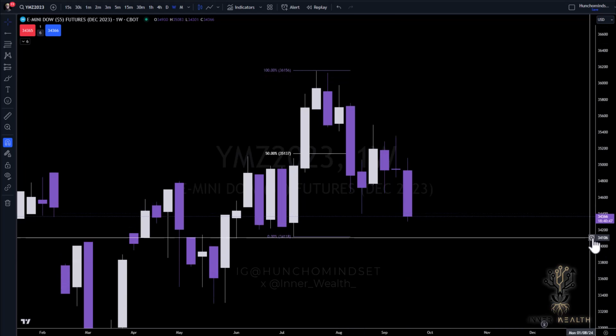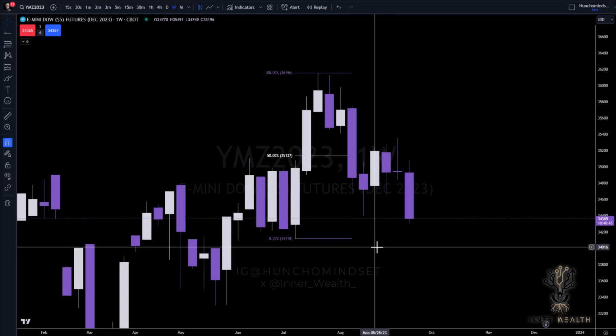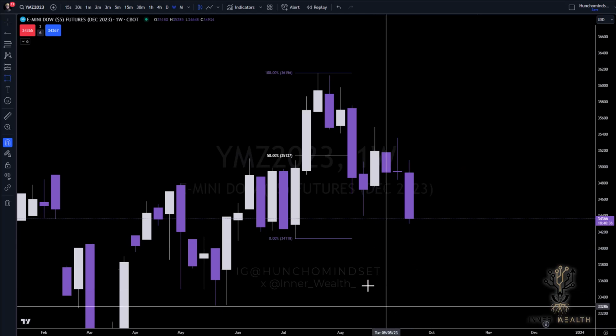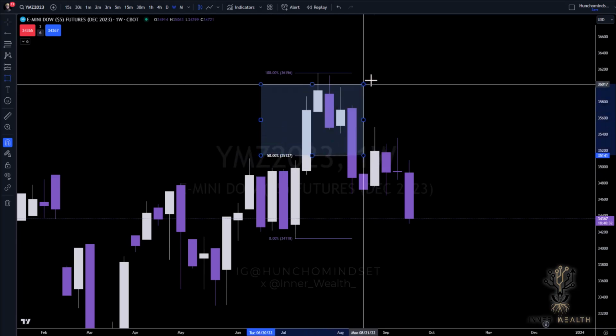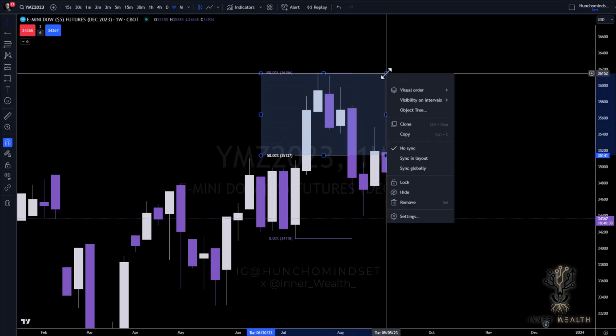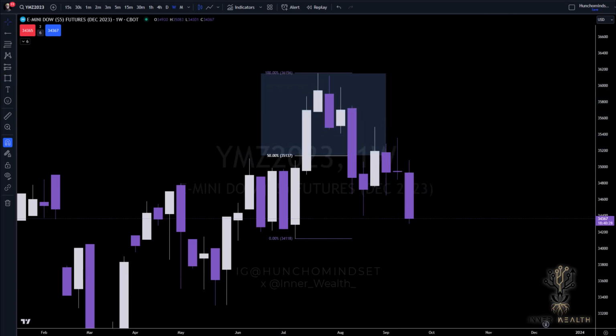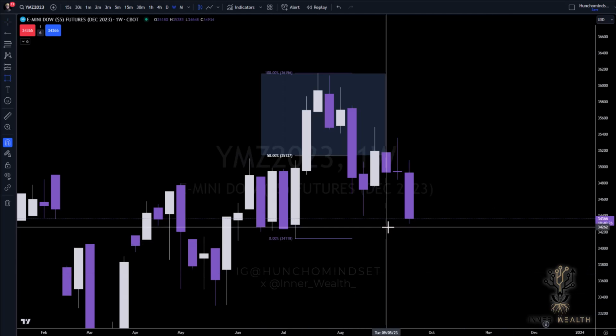And Fibonacci, the way that I use it is to measure a range, okay, and to get my premium and discounted price. So the top half of my Fibonacci is premium, okay, and the bottom half of my Fibonacci is discount.